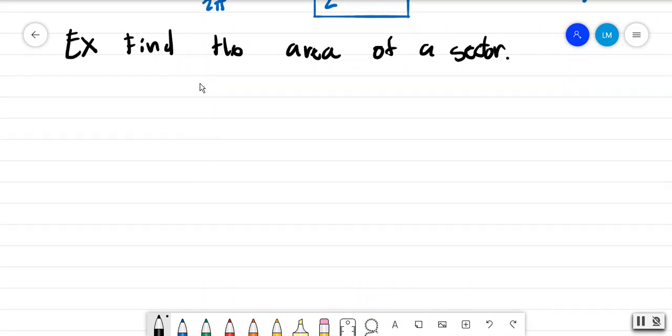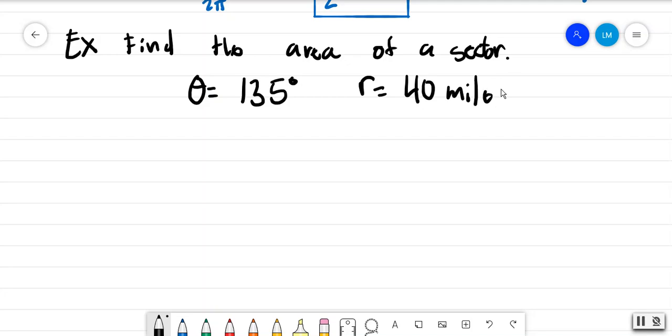Let's say that theta is 135 degrees and r is equal to 40 miles. The best we can probably do here is try to sketch it.